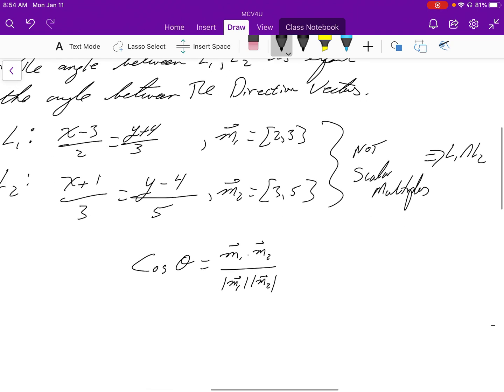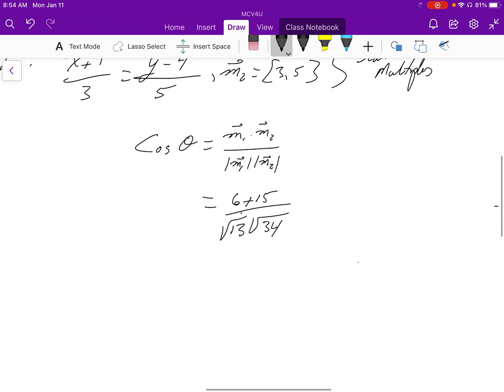So let's take a look. m1 dot m2: 2 times 3 is 6, plus 3 times 5 is 15. Magnitude of m1: 4 plus 9 is 13. Magnitude of m2: 9 plus 25 is 34. So theta equals cos inverse of 21 over root 13 root 34.